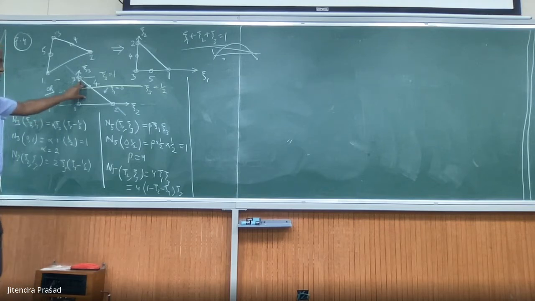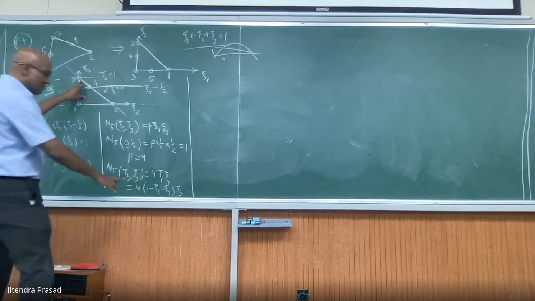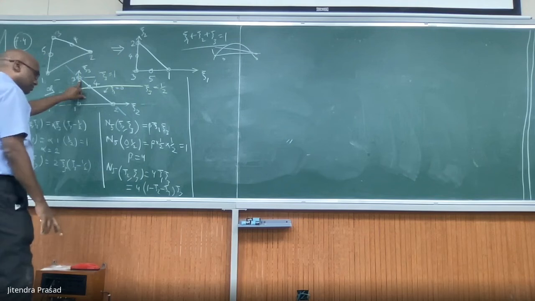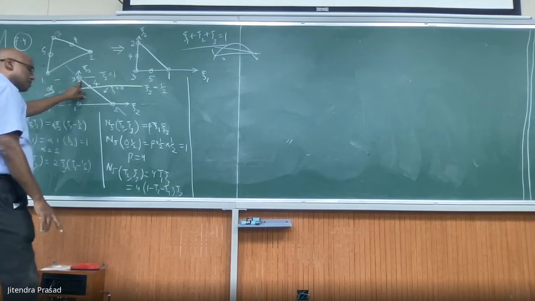If you go along 2, 3, Xi1 is 0. N5 is 4 Xi1 Xi3, so both are becoming 0.